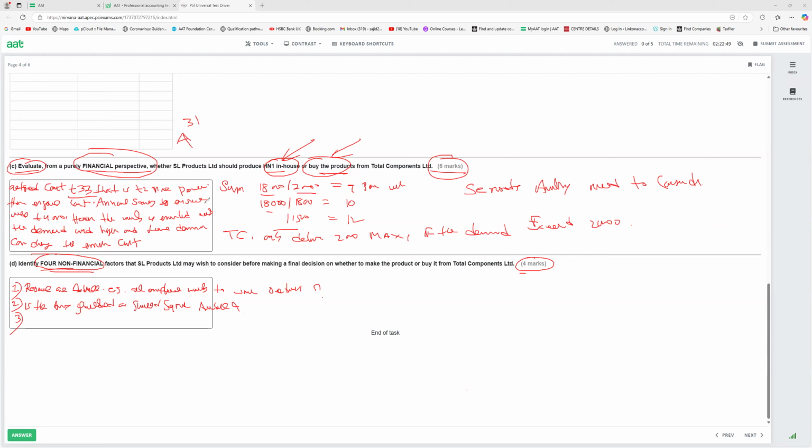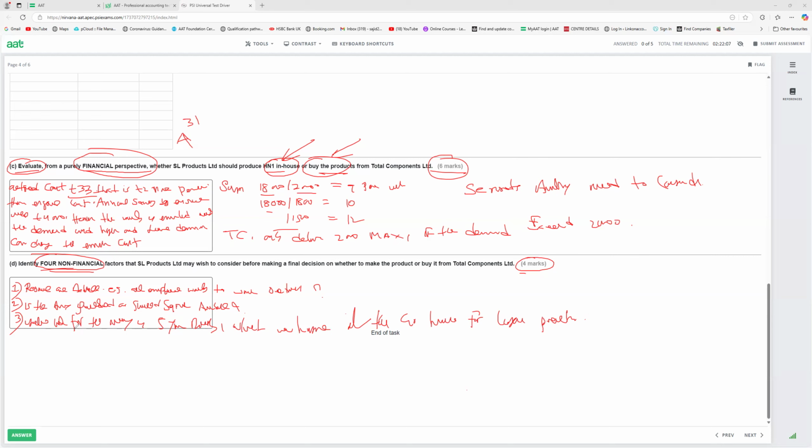So what will happen after 5 years' time? What will happen if they go ahead with long-term production? Because this machinery cannot be used after 5 years.